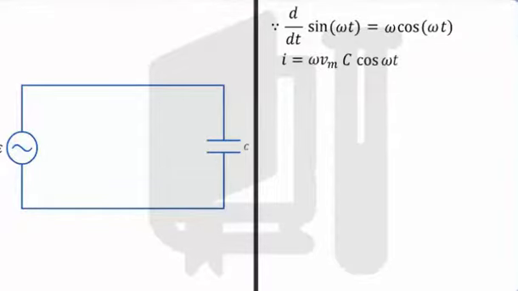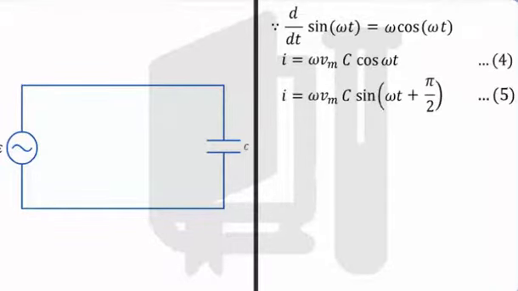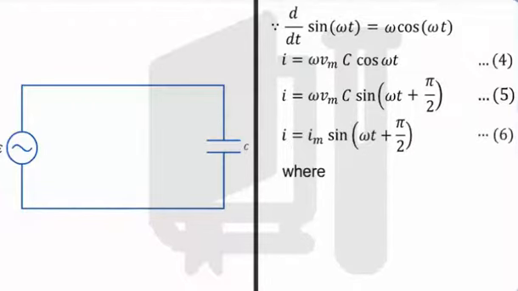By trigonometric substitution of cos theta with sin of theta plus pi by 2, we get equation 5 as shown. This equation can be represented as I is equal to Im sin of omega t plus pi by 2, where Im is equal to omega Vm C. Let this be equation 6.